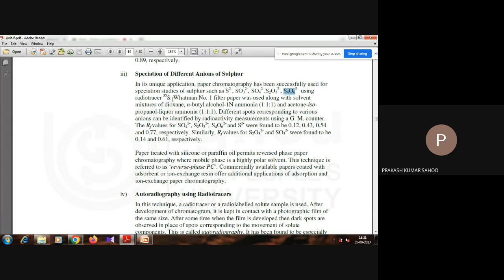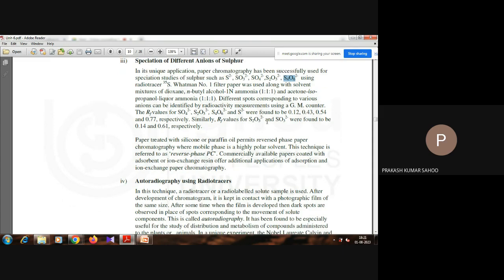Sulfur has three isotopes, 34, 35, 36, and using the 35 isotope we can distinguish what type of sulfur ions are present in our mixture. Here also Whatman filter paper 1 is used, and the solvent is dioxane, butyl alcohol, in the ratio 1:1:1. Ammonia is also there, and the Rf values of these different ions are 0.12, 0.43, etc.